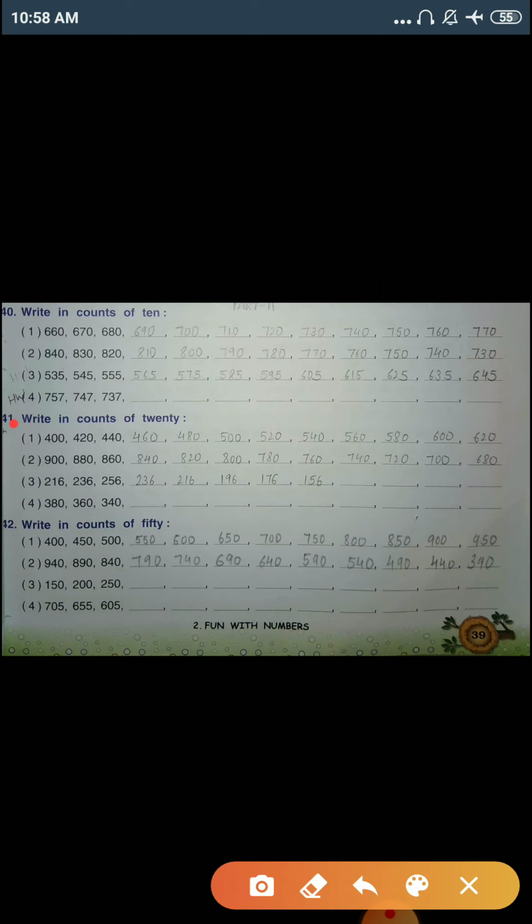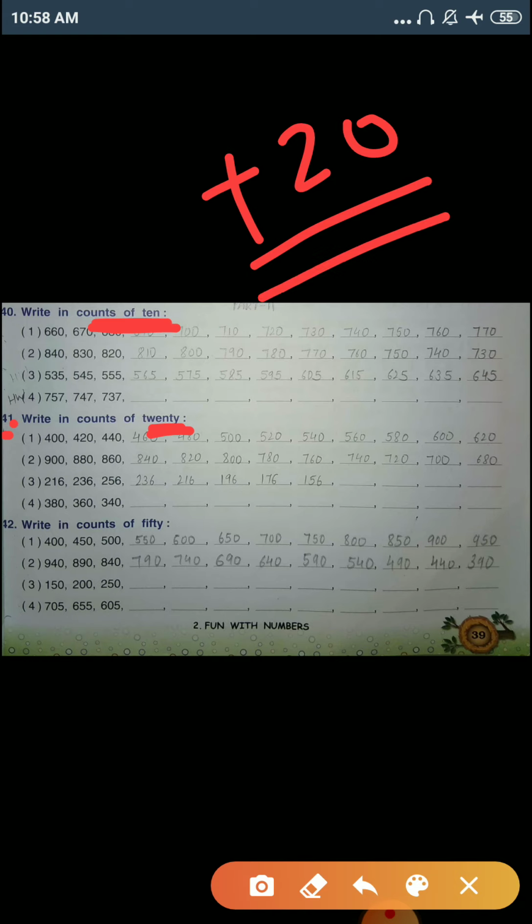Now, question number 41. In question number 40, we had counted the numbers in 10. Okay, now in question number 41, we are going to count the numbers in 20. That means we are going to add 20 to a number or subtract 20 from a number.